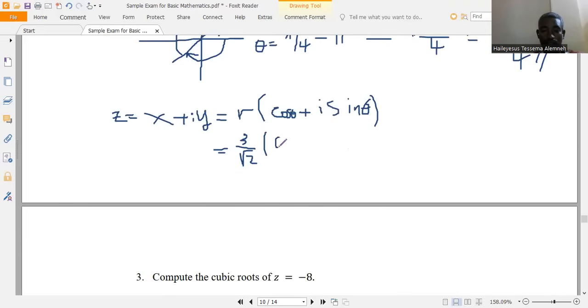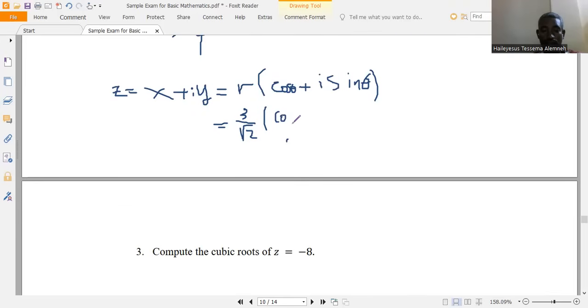So z is 3 over radical 2 times cos of minus 3 pi over 4 plus i sin of minus 3 pi over 4.